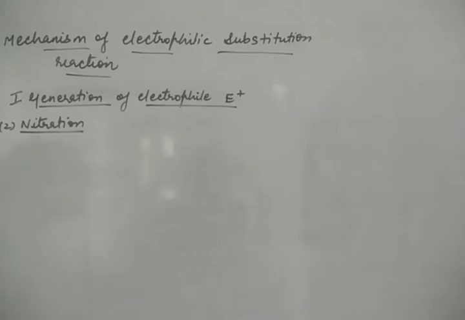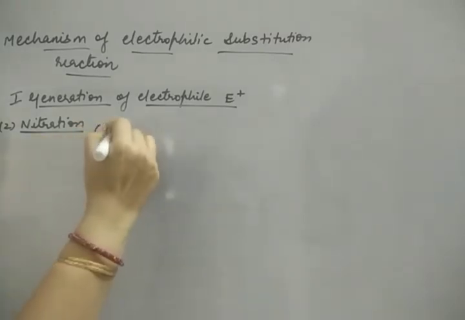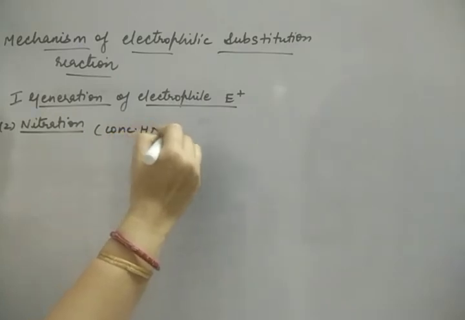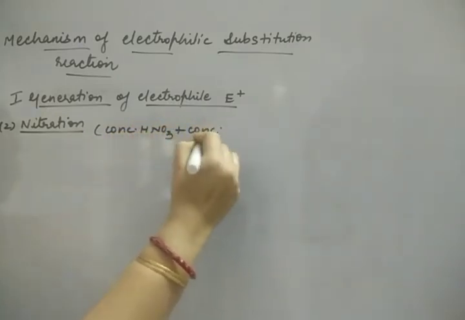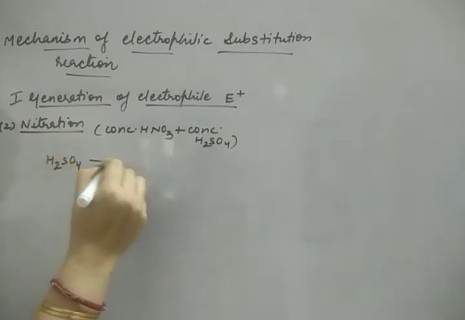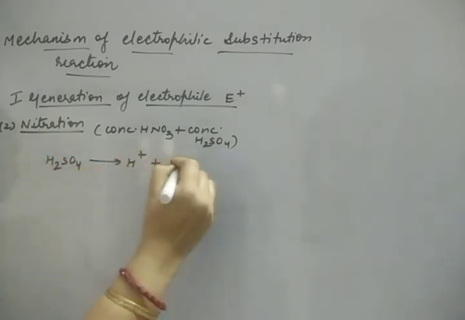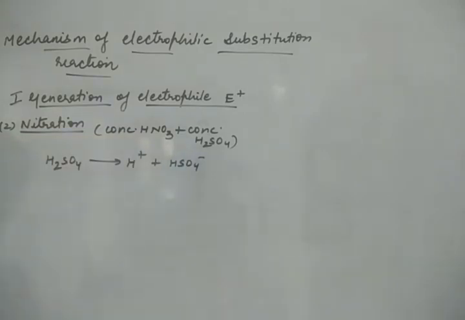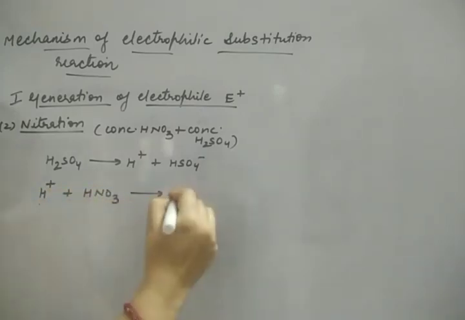Now, second is nitration. So what reagent do we use in nitration? Nitration occurs in the presence of concentrated HNO3 and concentrated H2SO4. So what will happen? First, this H2SO4 will dissociate into H plus and HSO4 minus. Now this H plus will attack on HNO3, and definitely it will remove water from here.